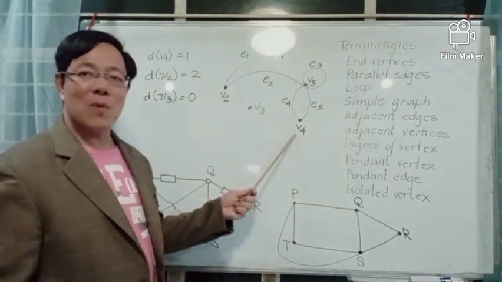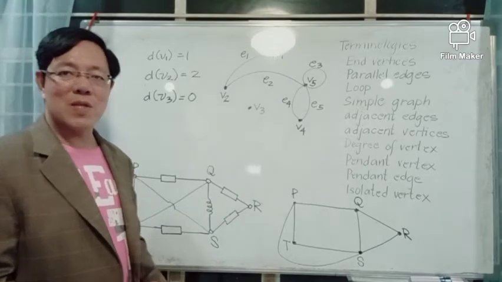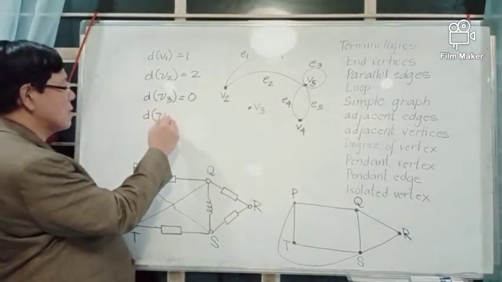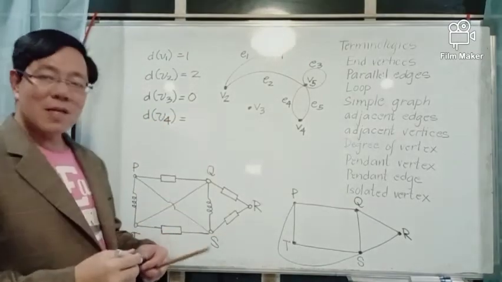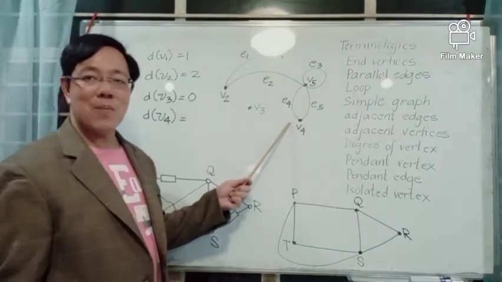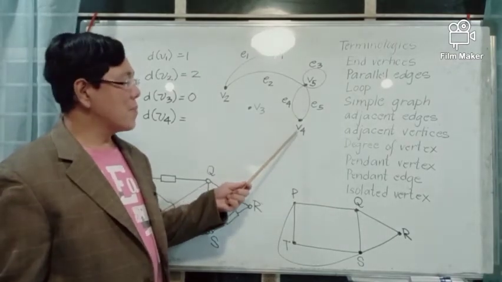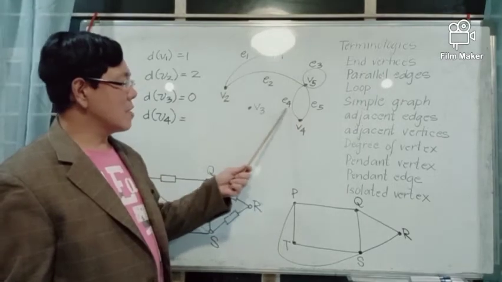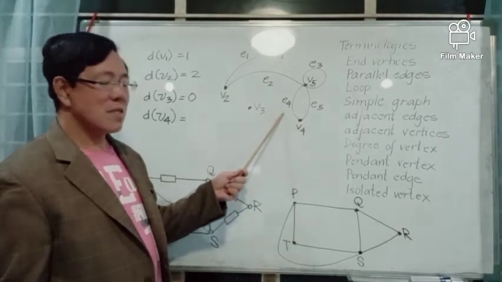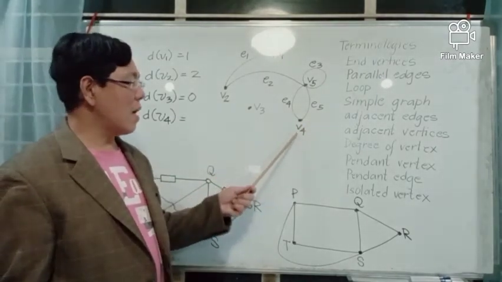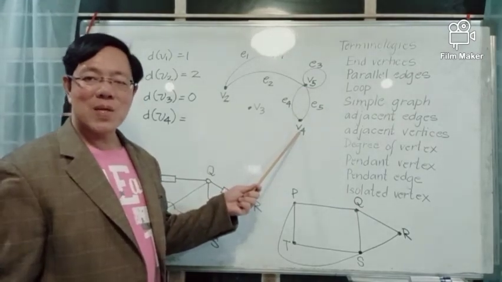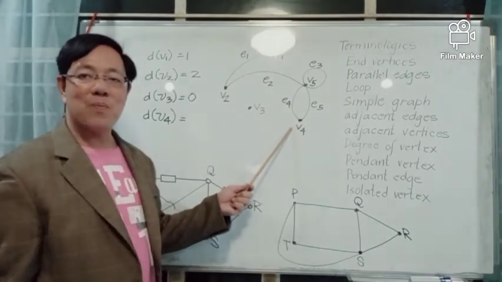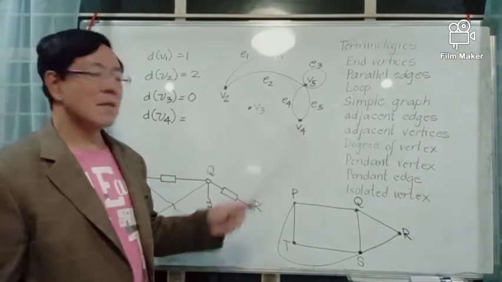Now, vertex B4, what is the degree of vertex B4, denoted by D of B4? The degree of vertex B4 is the number of edges that have the vertex B4 as an end vertex. And there are two edges in the graph, edges E4 and E5, that have the vertex B4 as an end vertex. Therefore, the degree of vertex B4 is 2.